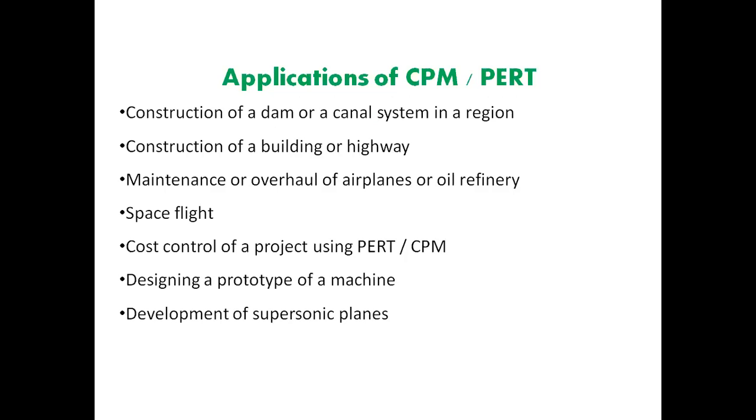Just see all these applications. Most of them are non-repetitive and unique in their nature. So PERT and CPM are widely used for planning, scheduling, and controlling activities which are larger in size and include a number of activities. These are some of the applications of PERT and CPM.